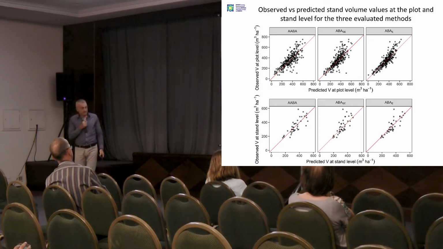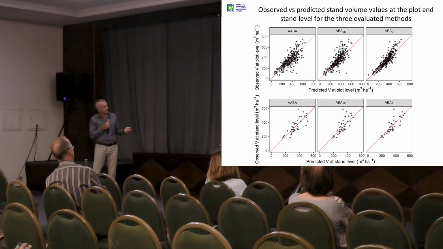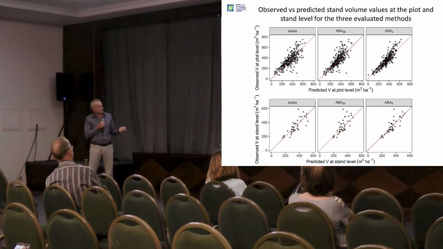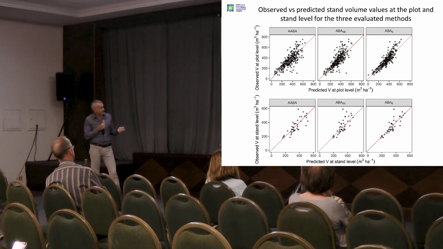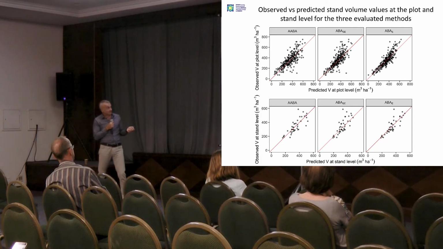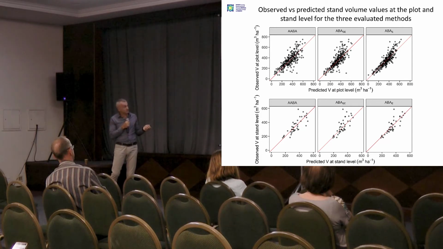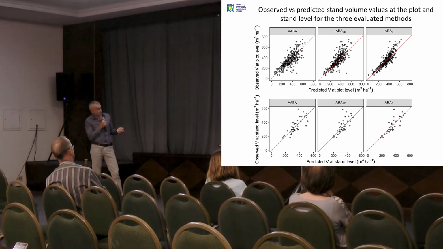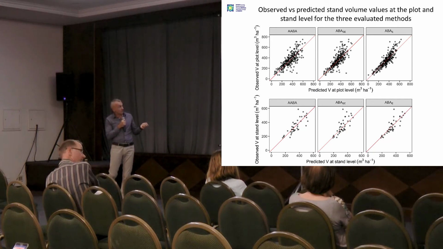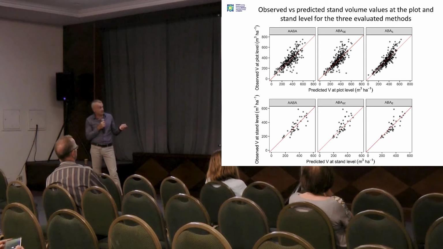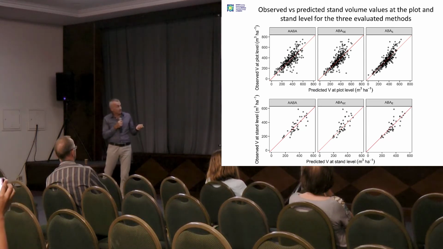And here are the results. Here we see the relationship between predicted and observed volume in the case of georeferenced test plots for this new approach, the allometric area-based approach, and the area-based approach.